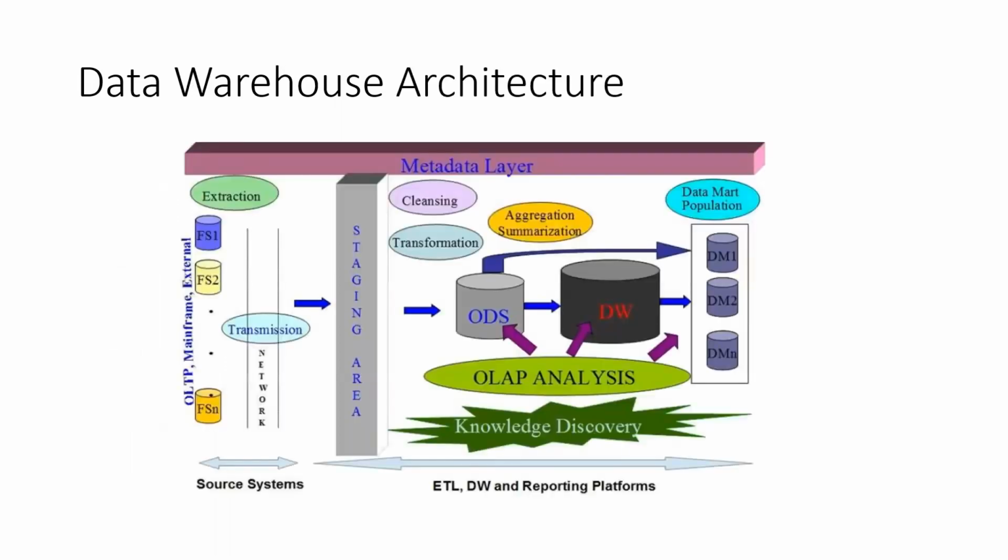Okay, again, the detail-level data warehouse architecture, with some more layers. Those are the various source systems, or rather OLTP systems. Using an ETL tool, we store that data into the staging layer.